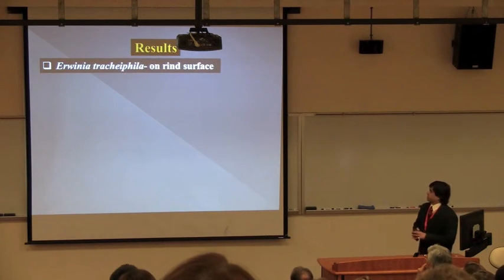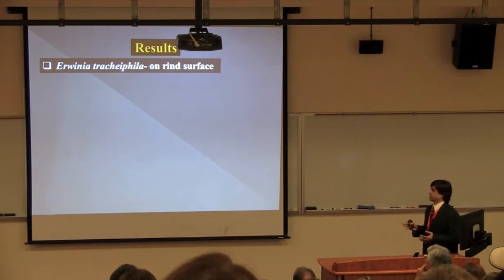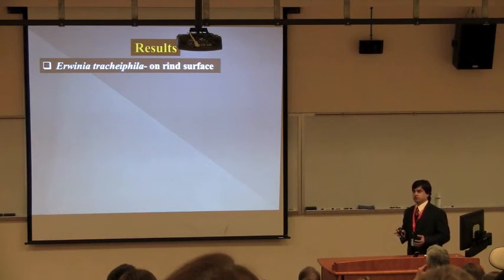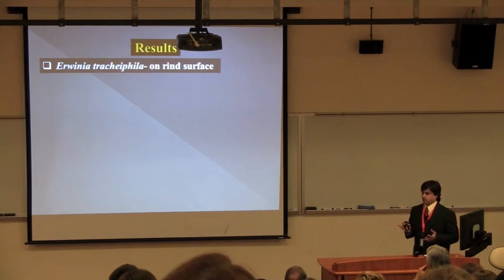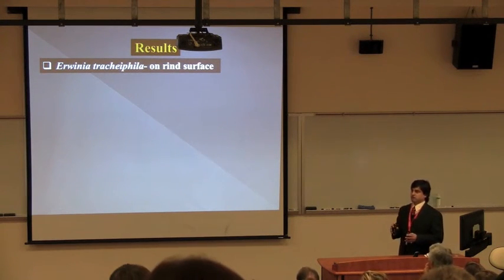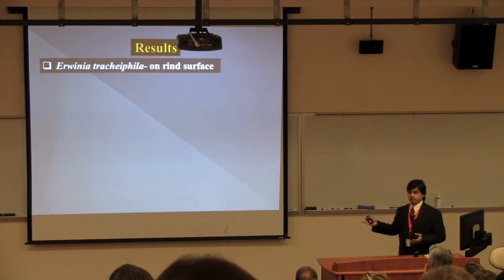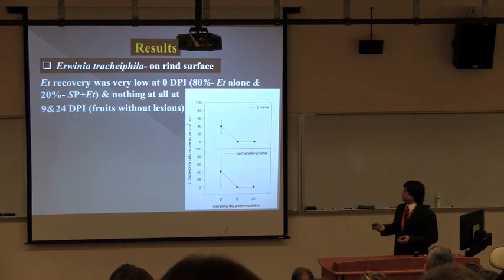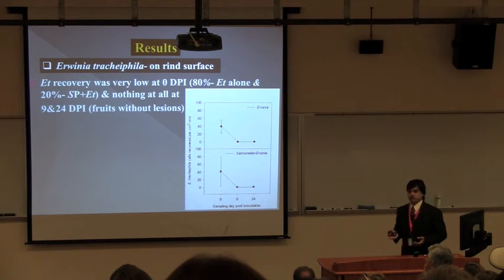So let's talk about the Erwinia tracheiphila. What's the condition of the Erwinia tracheiphila on those fruit surfaces? Actually, this pathogen is transmitted by two beetles, the spotted cucumber beetle and one more. They transmit it while they are feeding on those vines, and it causes wilting in the plant. So here we found the recovery of Erwinia was low even at day 0.